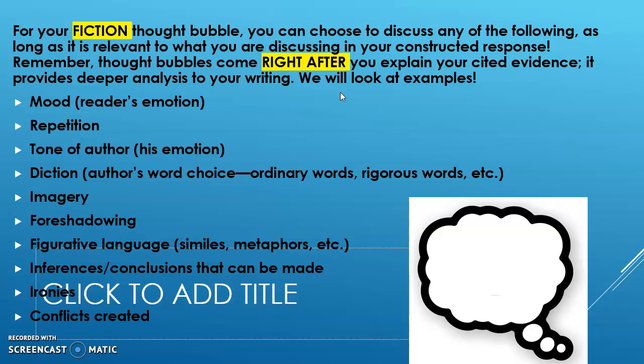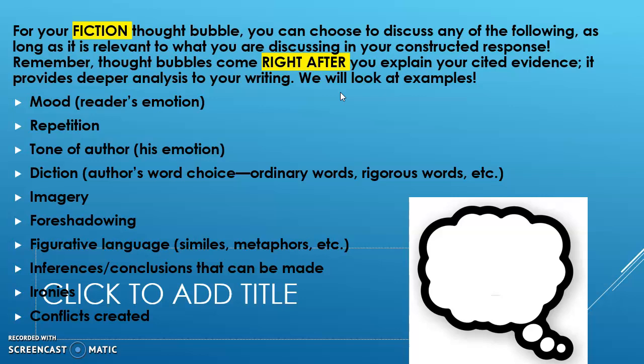Then I would go right in to say, this line from the text shows that Johnny is feeling frustrated. Here comes my new part, the thought bubble. I know the line I just cited was, Johnny said, blah, blah. Okay, this line from the text shows, what can I pull in? So based on that line on page 57 I just said about Johnny, what can I say? Okay, I'm going to pick from my menu, tone.